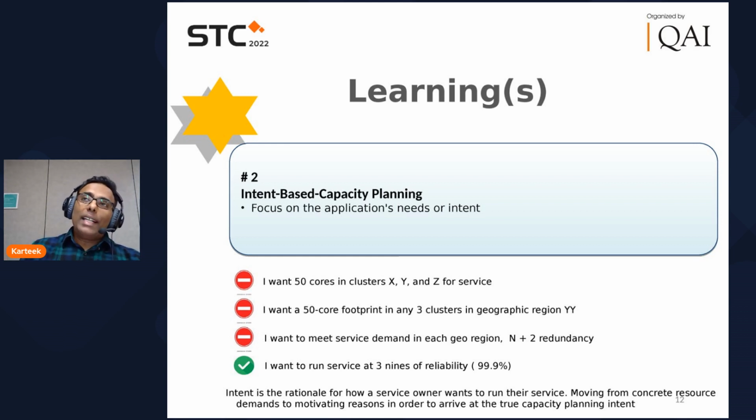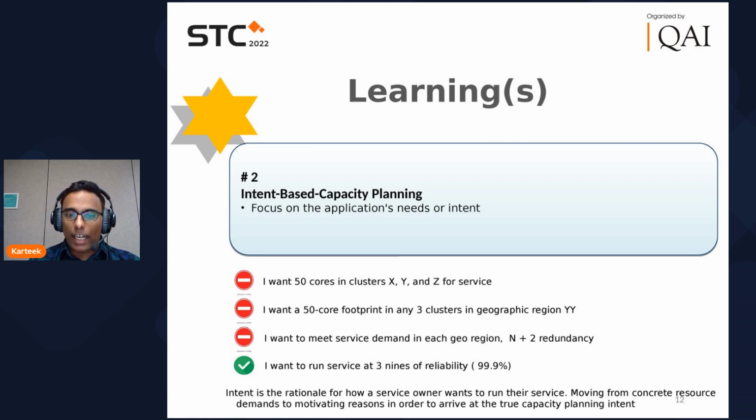That helped us to move away from traditional capacity planning to what we call intent based capacity planning. To give examples of the difference between how traditional capacity planning works against intent based, there are three examples. I can say I want 50 cores in a cluster for the service. I am defining the number of cores. It is a traditional way of doing it. I want a 50 core footprint in three clusters in multiple geographic regions.